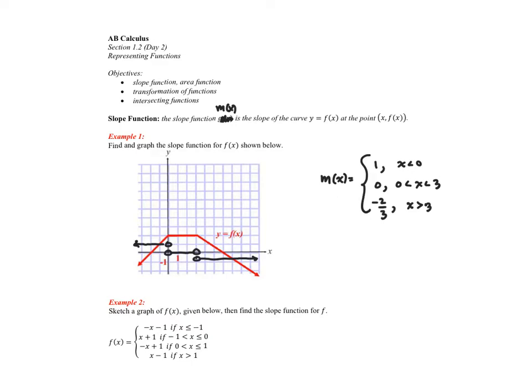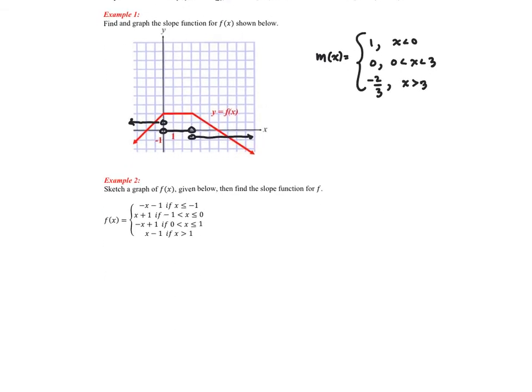All right, let's look at another example. It says graph f of x given below, then find the slope function for f of x. It looks like we have 4 pieces to this piecewise function. The joints of each of the piecewise portions are at x equals -1, x equals 0, and x equals 1.